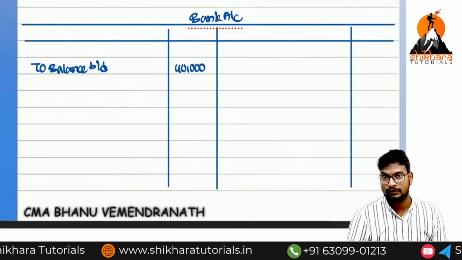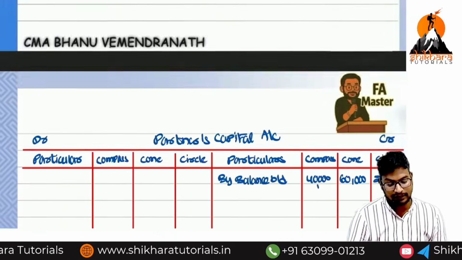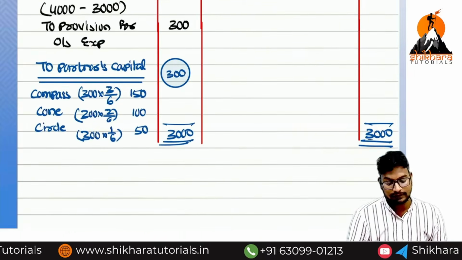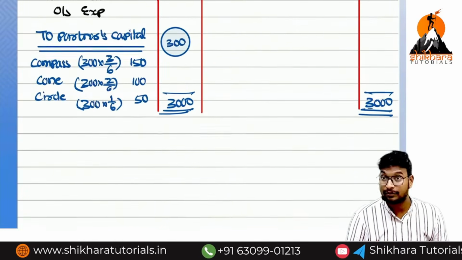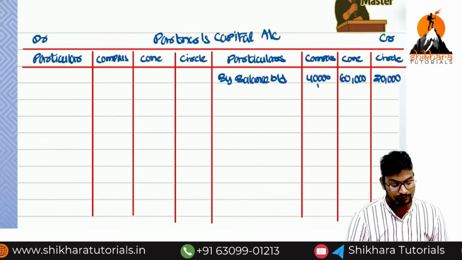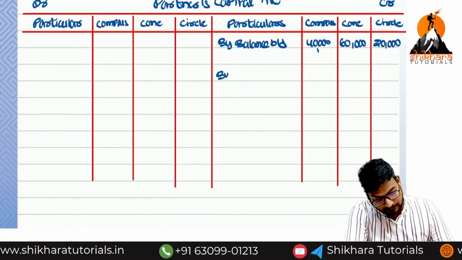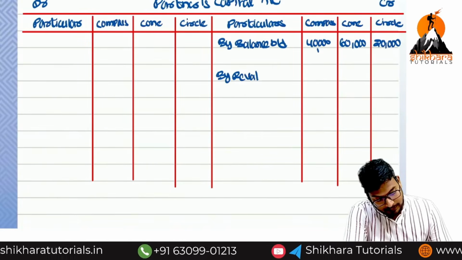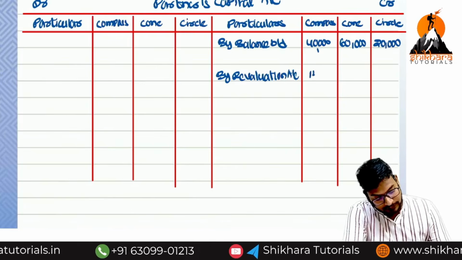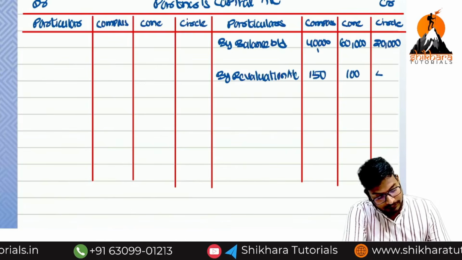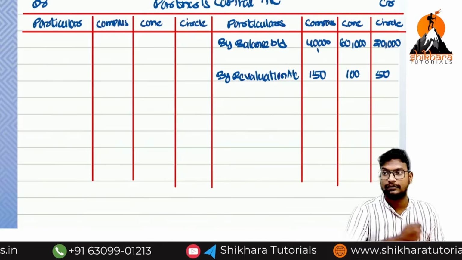Okay guys. Next, see the revaluation account. Here, on the debit side, in the partners' capital account, which side? Credit side. So by revaluation account, how much? 150, 100, 50. Next, we have seen the entry.